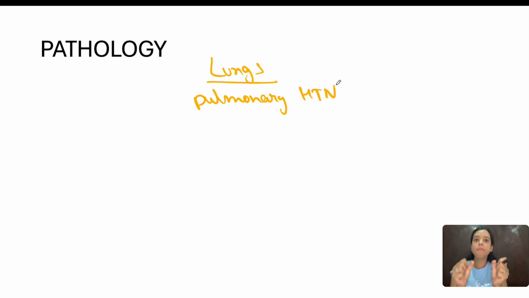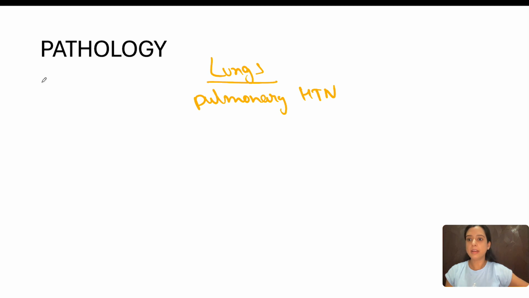Now as soon as this pulmonary hypertension happens, what happens? The right side of the heart, which is pushing the blood to the lungs, is now not able to push that blood. The afterload of the right side of the heart is increased. Why? Because the pulmonary vessels are constricted.